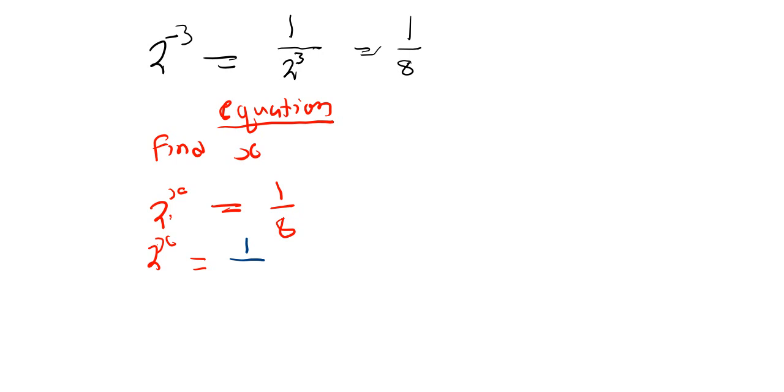This means that 2 to the power x, I know that the moment I remove the 1 here, I'm going to come back to what? To a negative index. Let me just erase the 1. All right, so this is going to be 2 to the power negative 3.